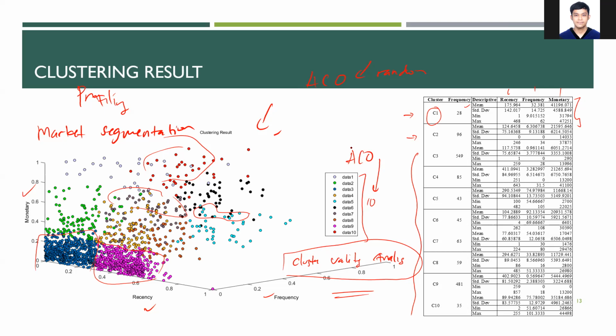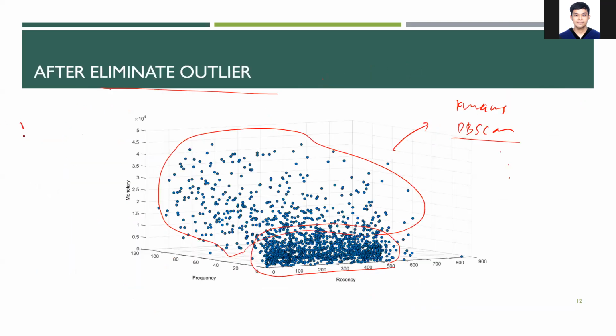Okay, the original data is the data from the POS system. There is one company in Taiwan that sells women's clothing, and in the POS data they record the member of the customer.